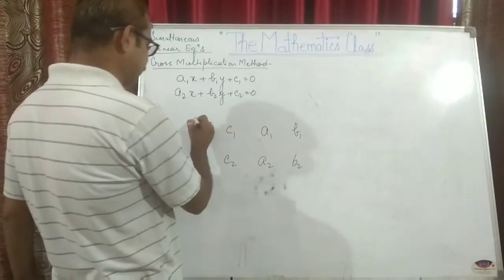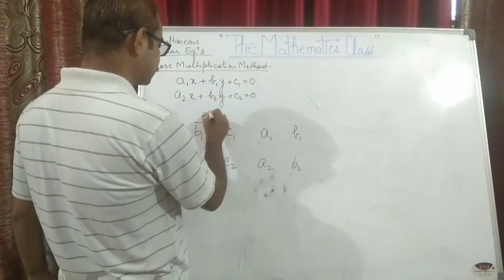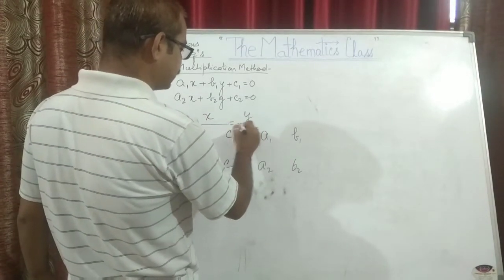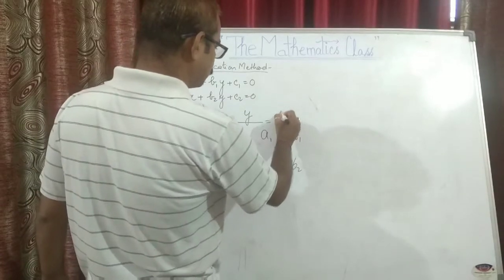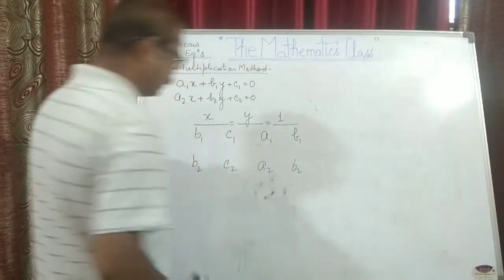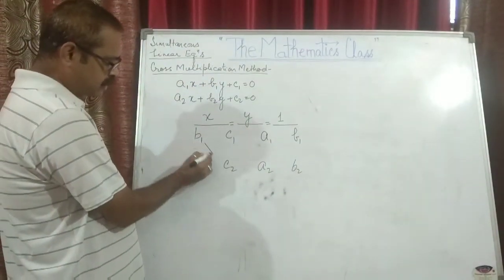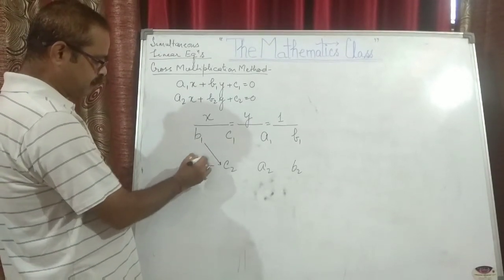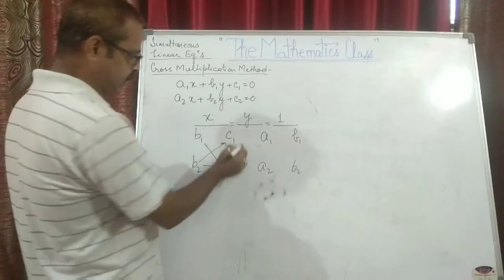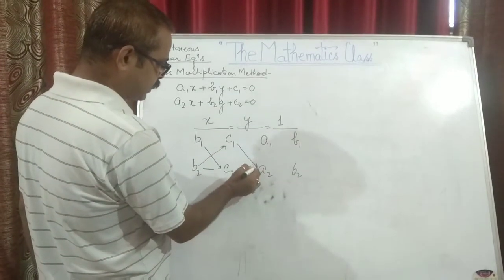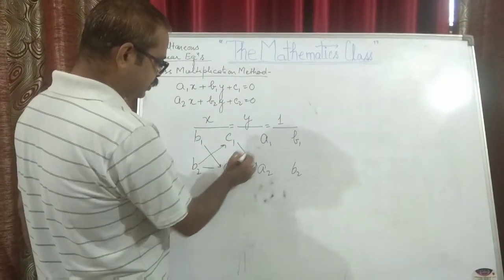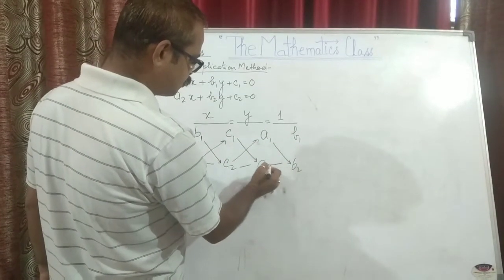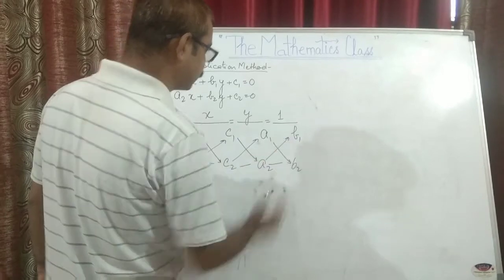And this can be written as x upon, is equal to y upon, is equal to 1 upon. Now b1 is multiplied by c2 minus b2 multiplied by c1. Similarly, c1 multiplied by a2 minus c2 multiplied by a1. And a1 into b2 minus a2 into b1.